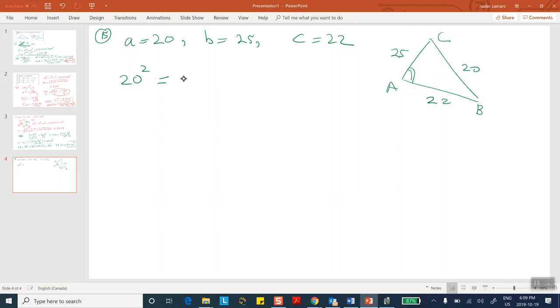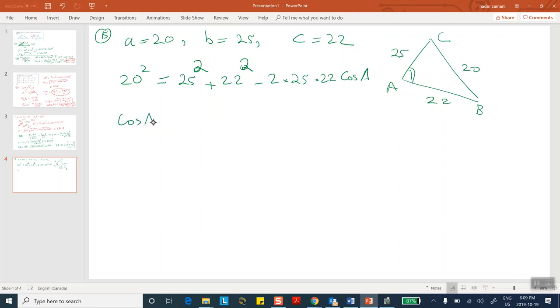Then that's equal to 25 squared plus 22 squared minus 2 times 25 times 22 times cosine of the angle A.